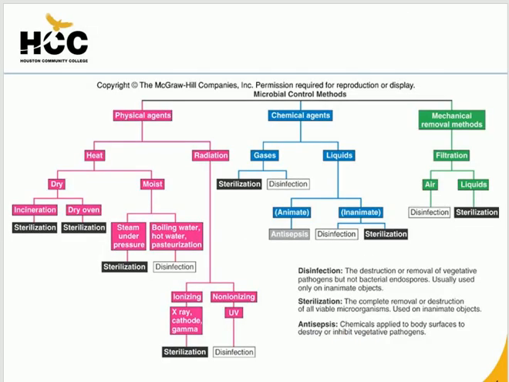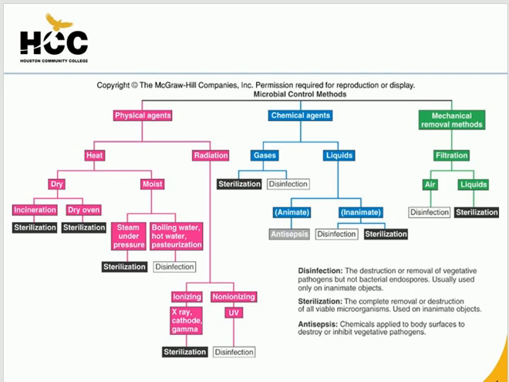If you look at this, this is a general map for everything that we're using. So you can use physical, chemical, and mechanical agents, right? When you say physical, I mean heat and radiation. Heat can be dry or moist.